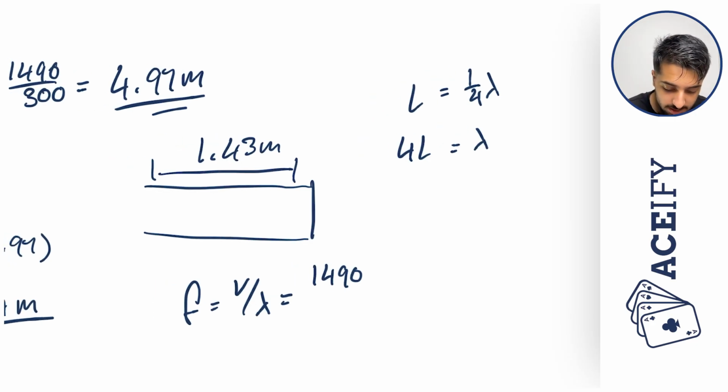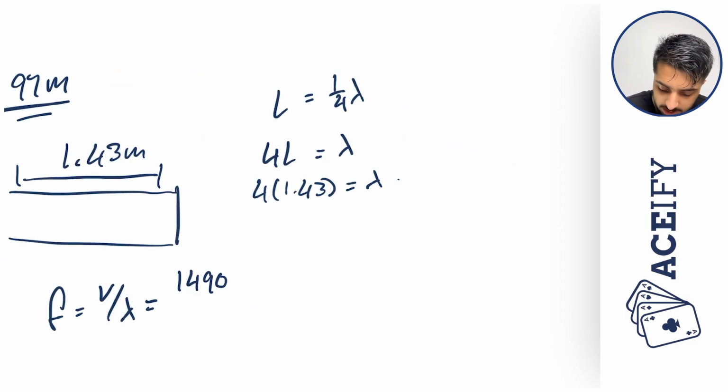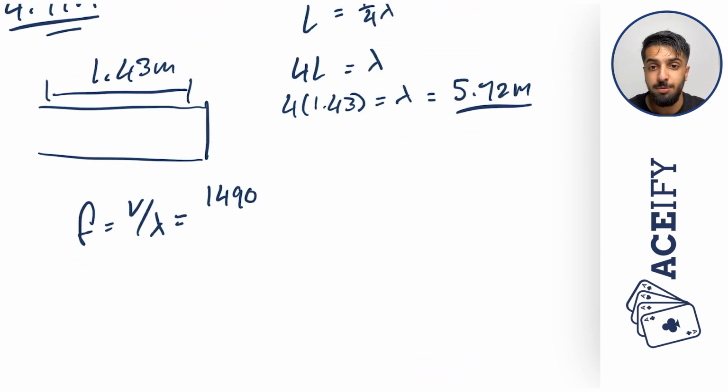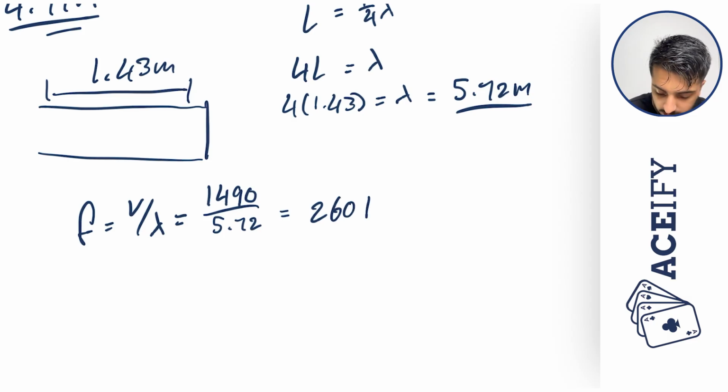In this case our length is 1.43, so 4 times 1.43 gives a wavelength of 5.72 meters, which is the same value that we got up here. This wavelength will give us our fundamental frequency of 260 hertz.